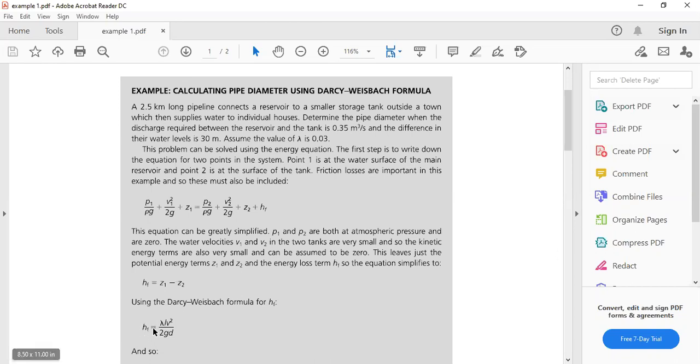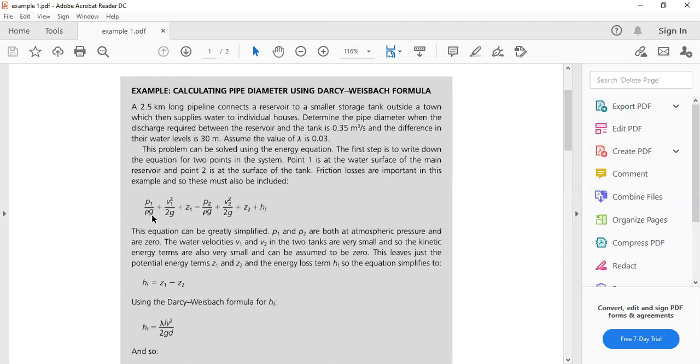We have not been given any information on the head loss, but we can find it, like we said in those slides, using the continuity equation.